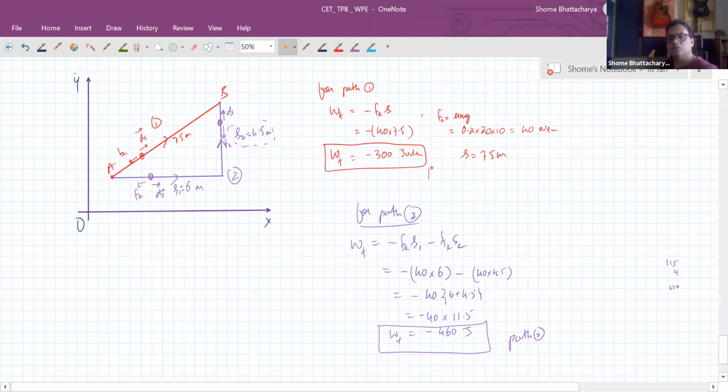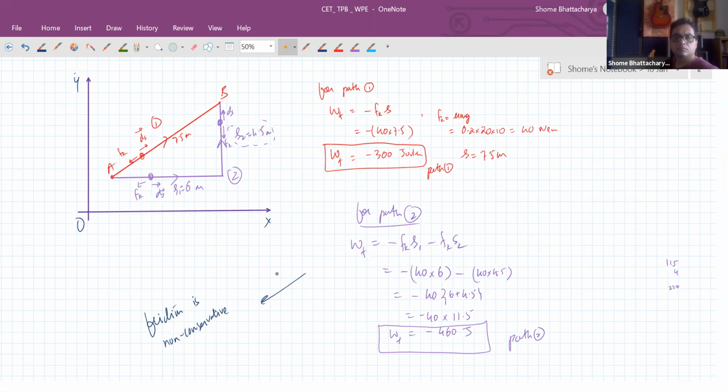So friction is acting like a non-conservative force. Okay, people. So hope you've understood this example.